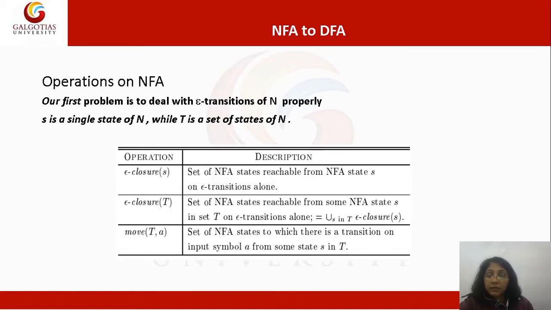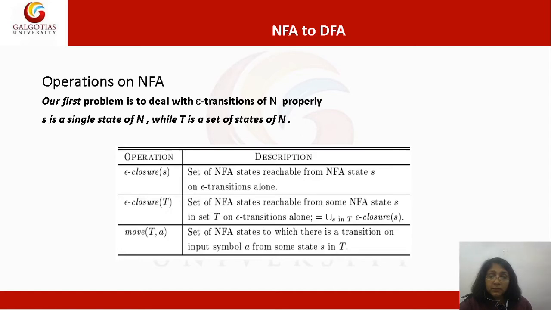Whereas in the case of epsilon closure of T, we are not considering a single state, but T is a set of states. So when we construct epsilon closure of T, we construct the epsilon closure of all the states which are part of the T set, and take the union of all those closure sets. Then another operation is move of T, A.